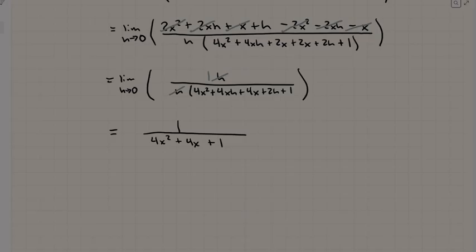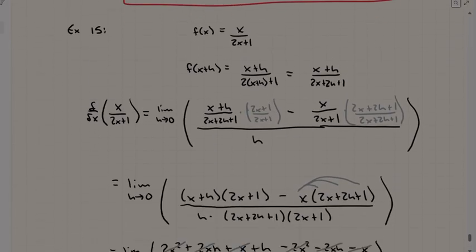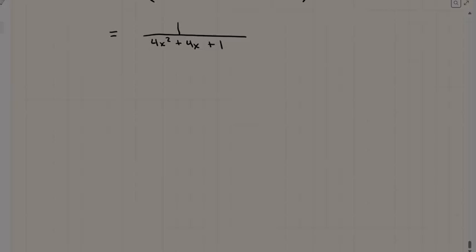All right. And so the original function that we had, remember, was x over 2x plus 1. And so then what we're saying is that the derivative of this is going to equal 1 over 4x squared plus 4x plus 1.